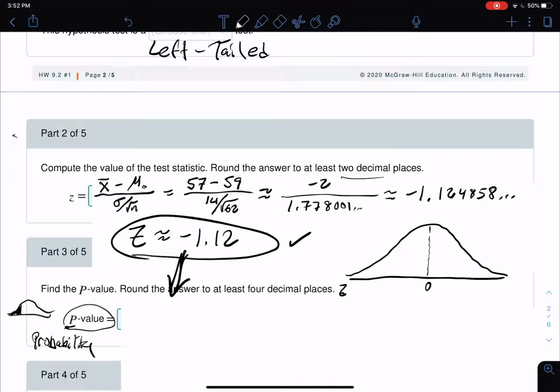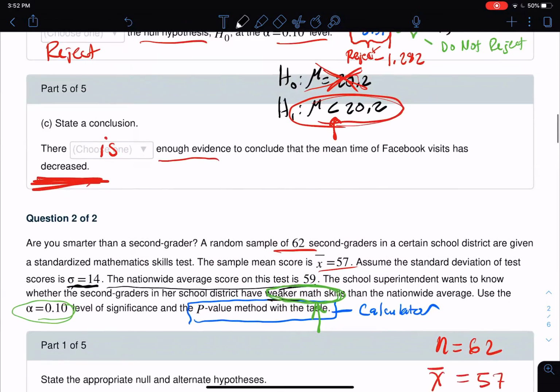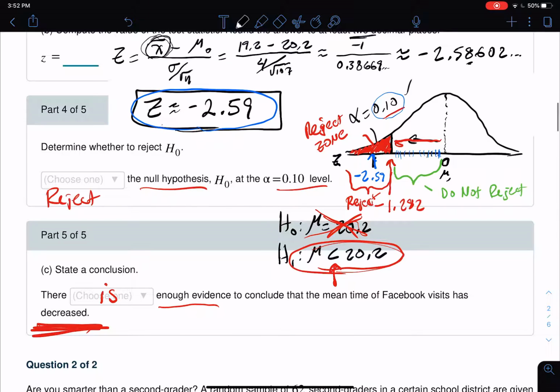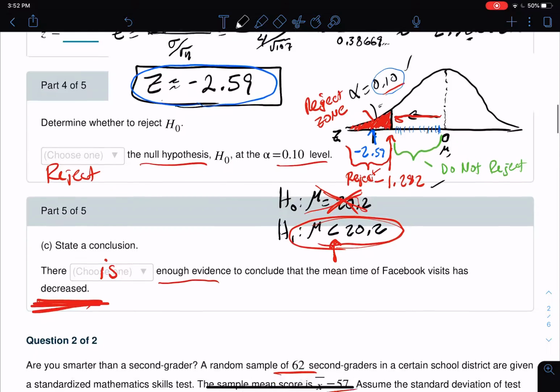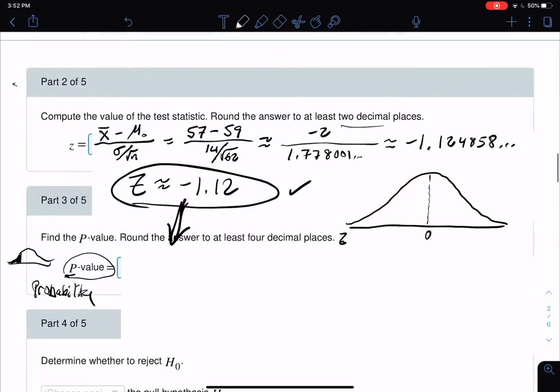But with the p-value method, we're more looking at the area rather than specifying the z-score. Let me go back here. Notice we're focusing on the z-values to figure out if we're going to reject. With the p-value method, we're going to be focusing up on the area to figure out if we're going to reject. In my mind, that is the big difference.